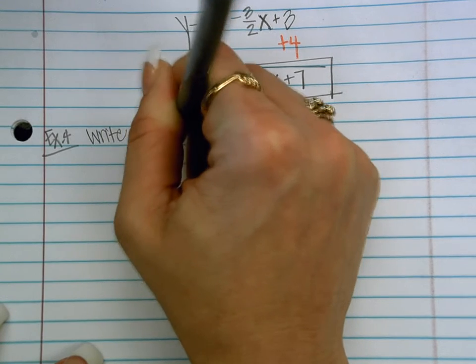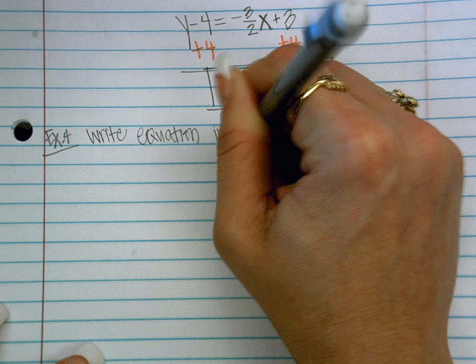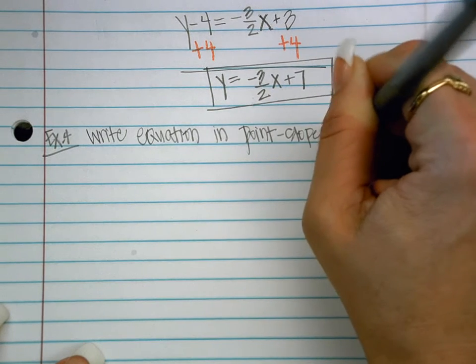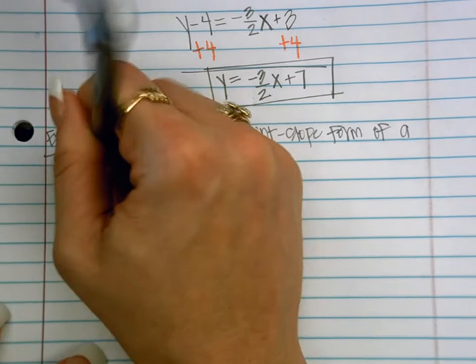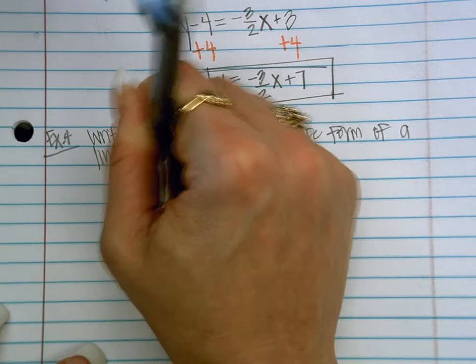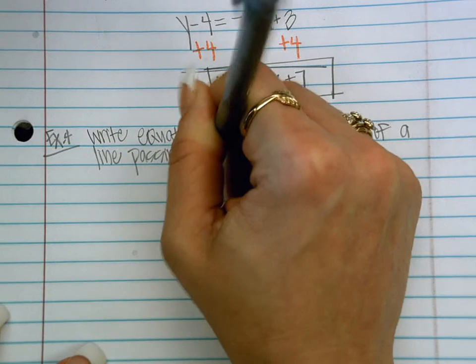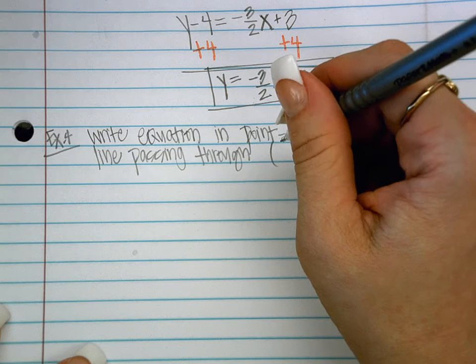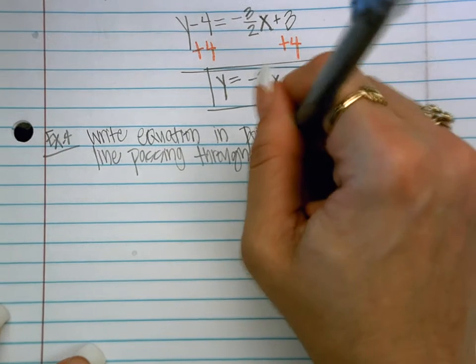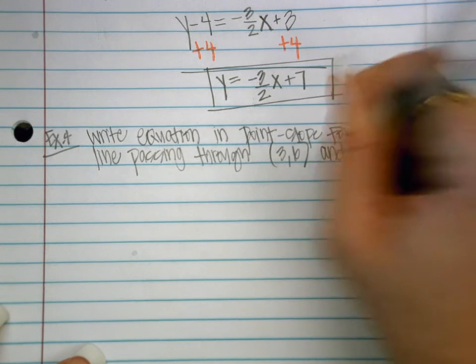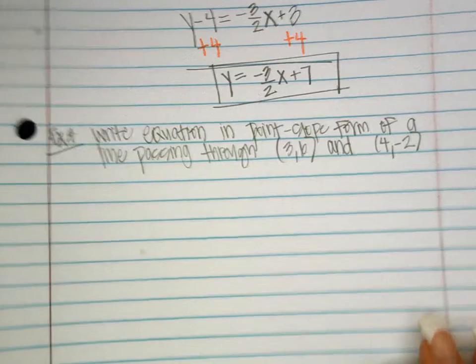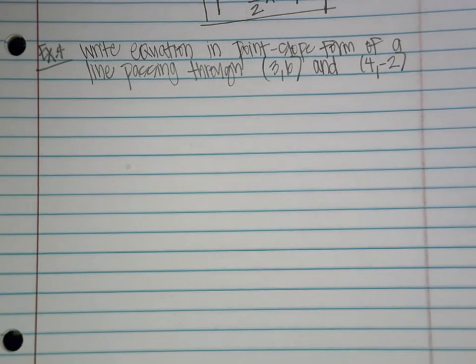Write the equation in point slope form of a line passing through the points 3 comma 6 and 4 negative 2. Write an equation in point slope form for a line passing through 3 comma 6 and 4 negative 2.